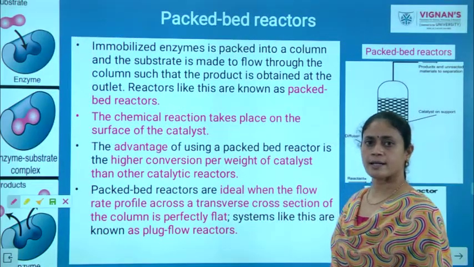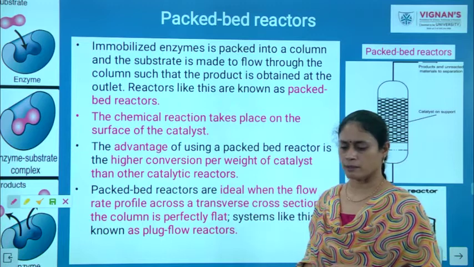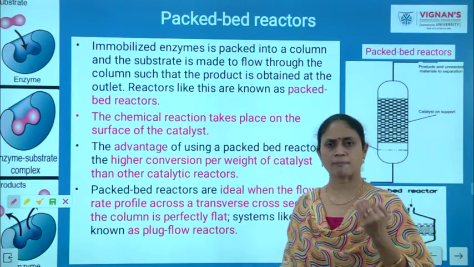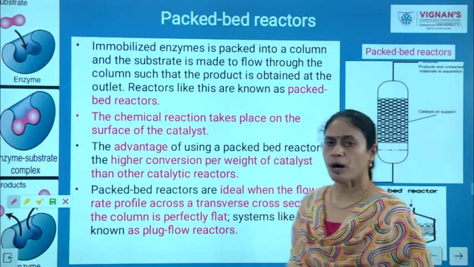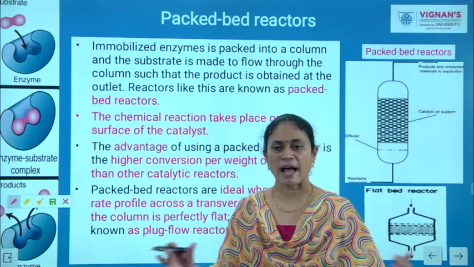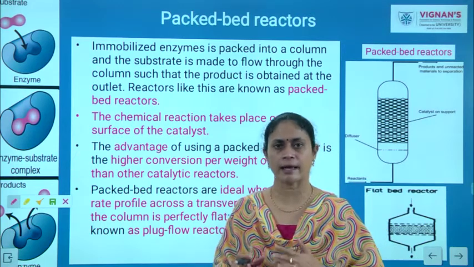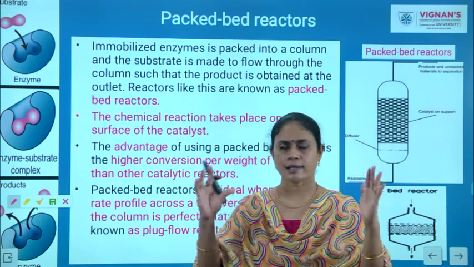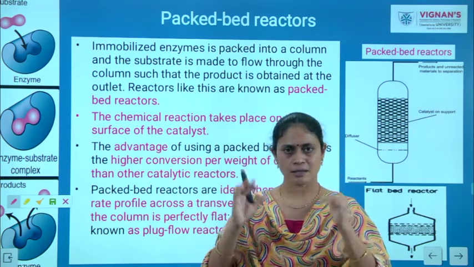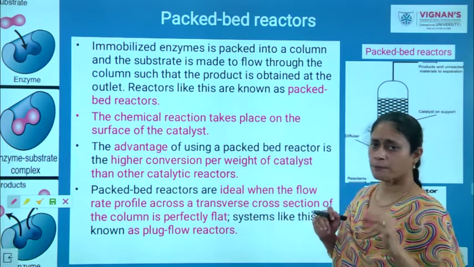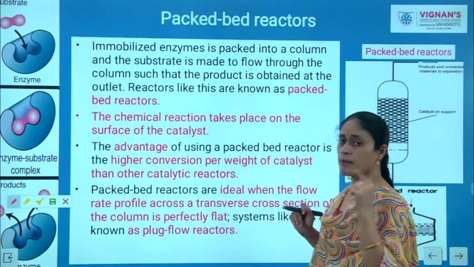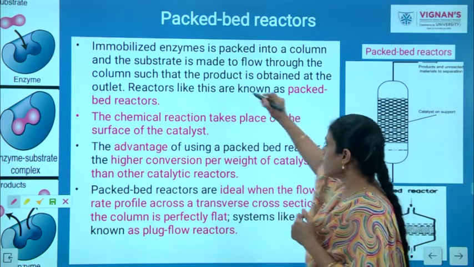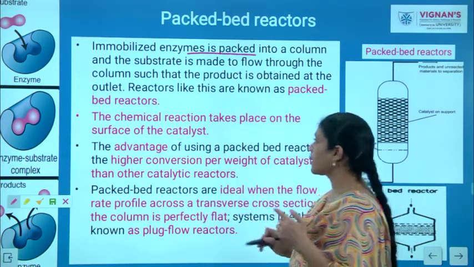Now, let us discuss the packed bed reactor. Why do we call this reactor a packed bed reactor? Because you are packing your enzyme within the reactor, so that you can have your enzyme in a stable state. Here, the immobilized enzyme is packed into the column.